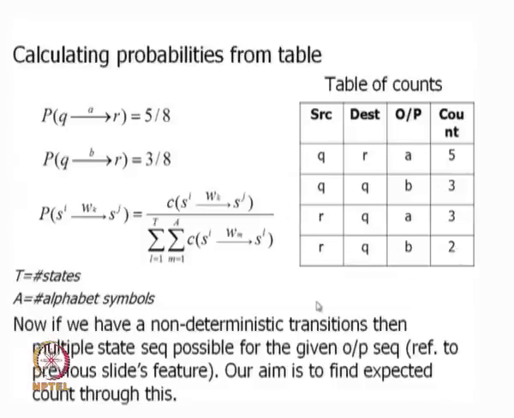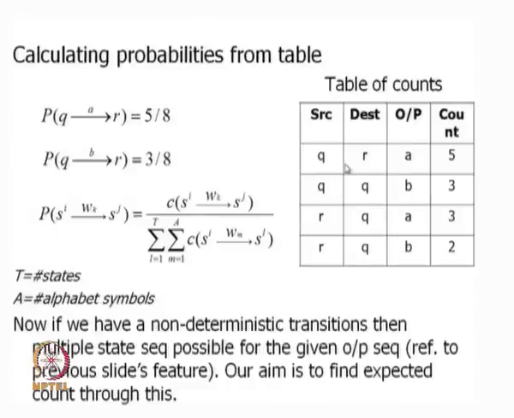So, from this observation, we can propose that the probability of Q going to R on A is 5 by 8 and the probability of Q going to R on B is 3 by 8.